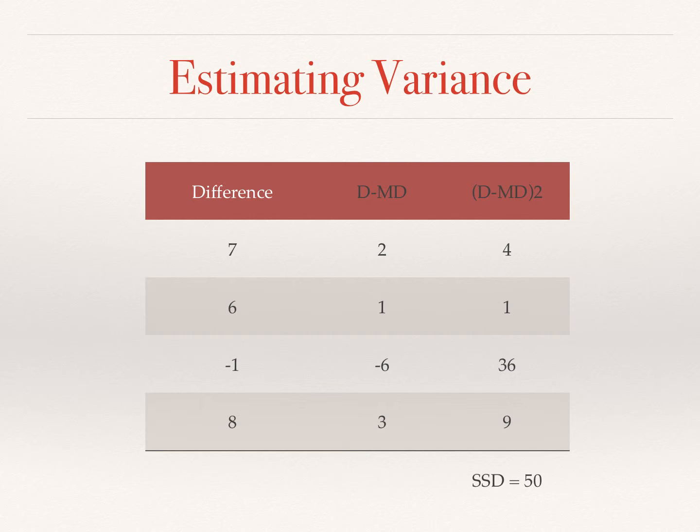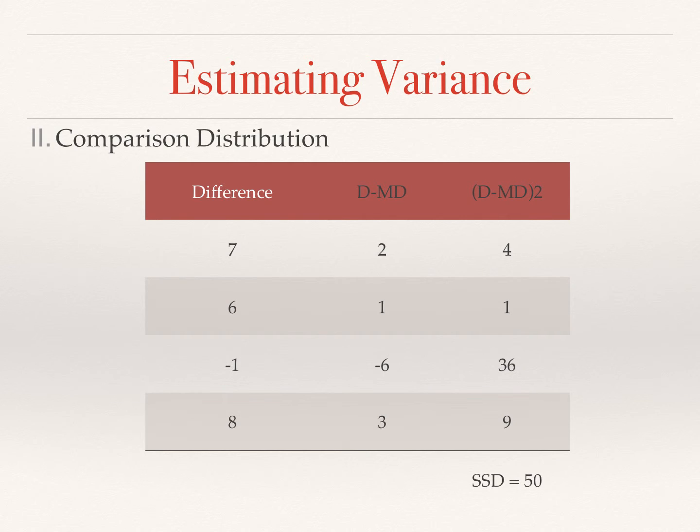Notice we're no longer dealing with our raw data. We're exclusively dealing with our difference scores. And that's why this now becomes essentially like a single sample t-test, because now we're just dealing with one group, which is essentially the difference scores. So we'll take each of the scores, subtract the mean of 5 from them, square each of those values, and add them together.